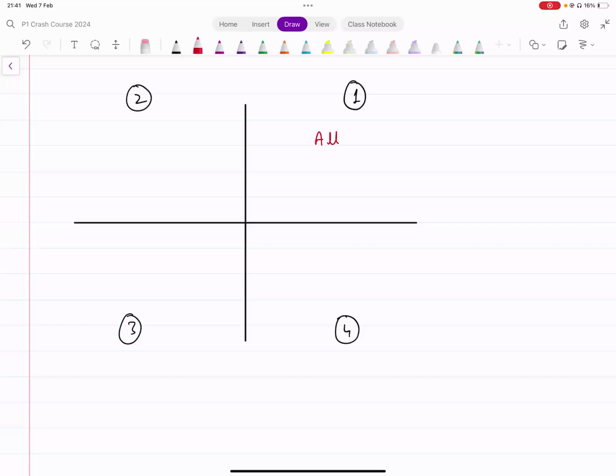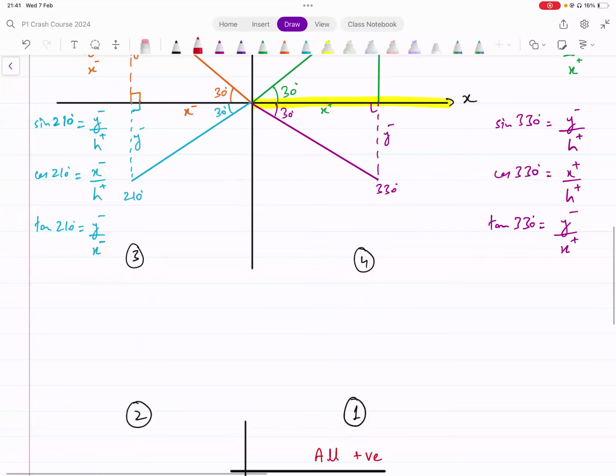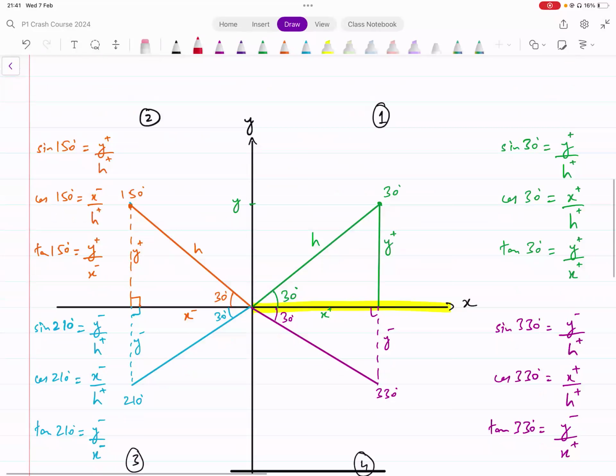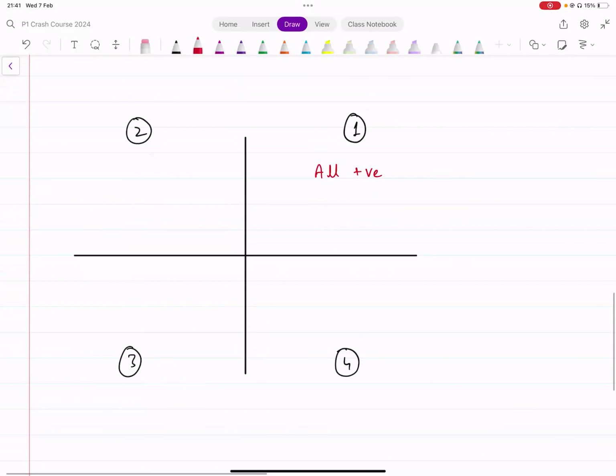In the first quadrant, all of them are positive. Sine, cos, and tan all have positive results. In the second quadrant, you see cos becomes negative, tan becomes negative, only sine is positive. So what you can remember in the second quadrant is you can say sine is positive, the other two are negative. Okay, so if you just write sine positive, that means the others are negative.